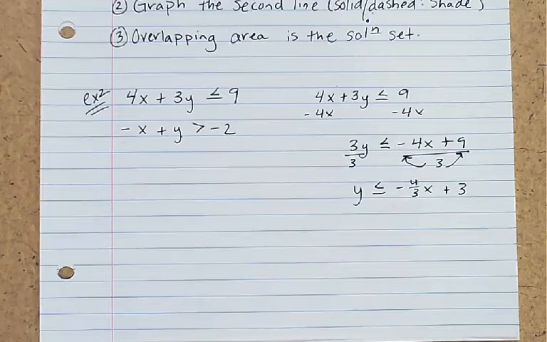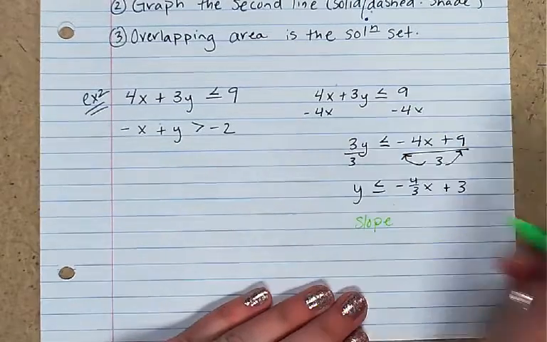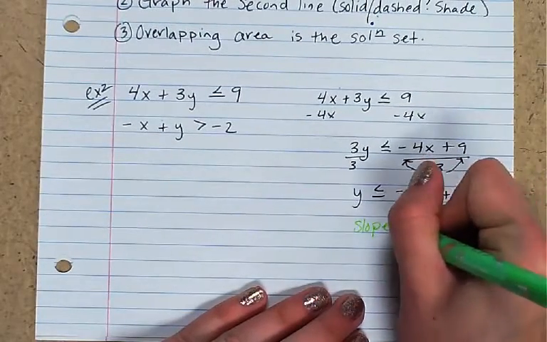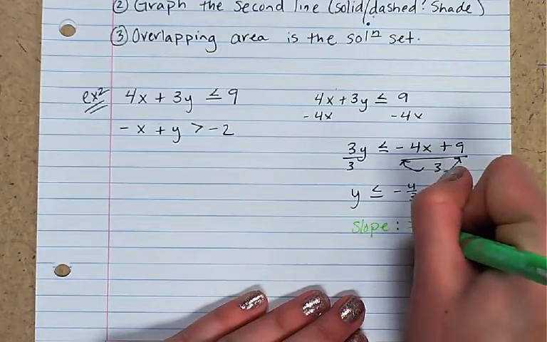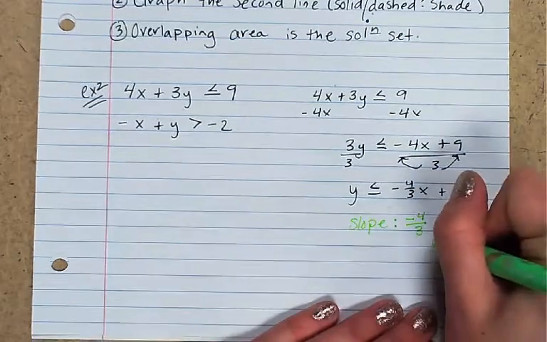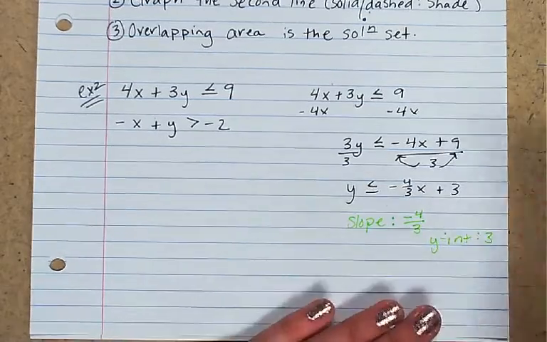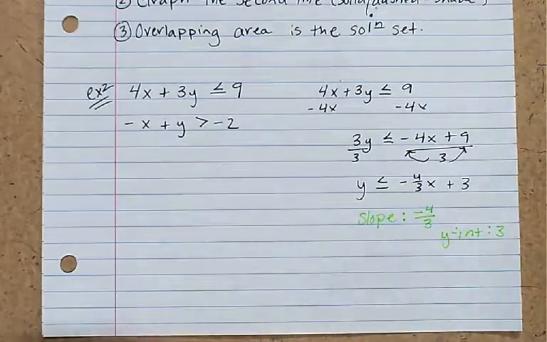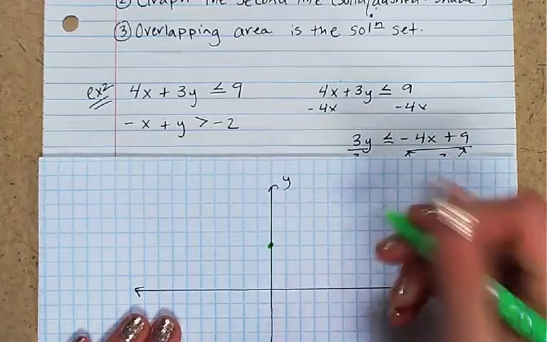Okay, so on this line, our slope is -4/3. I always put the negative with the numerator. So I'm going to go down 4 to the right 3. And then our y-intercept is just +3. So I'm going to start by graphing my y-intercept first at 3.